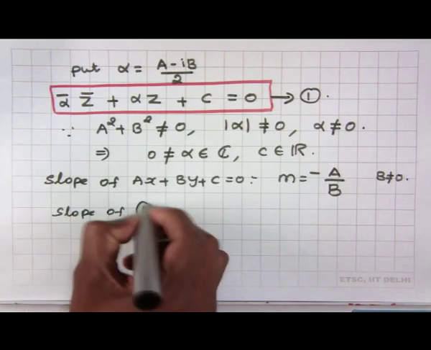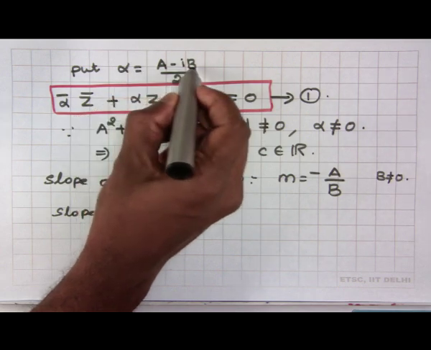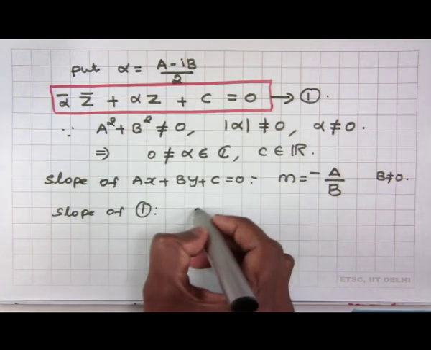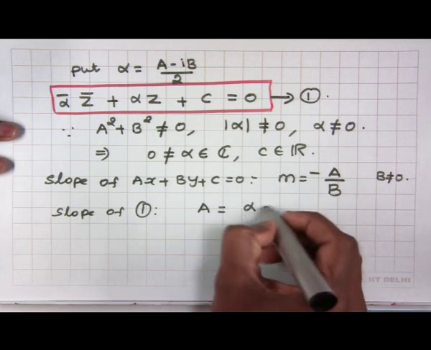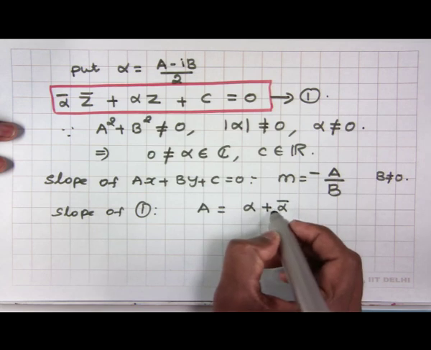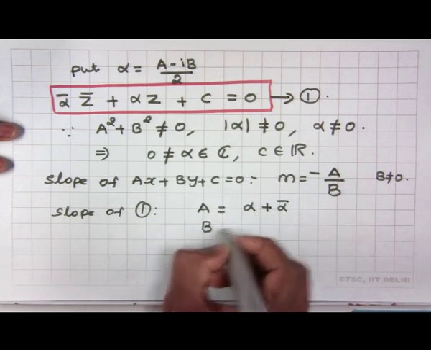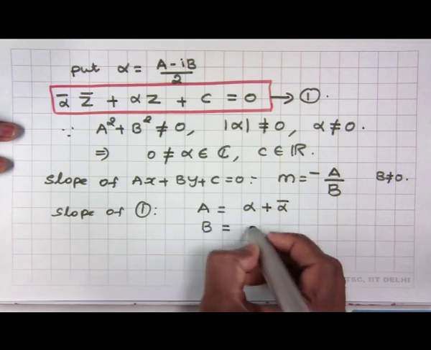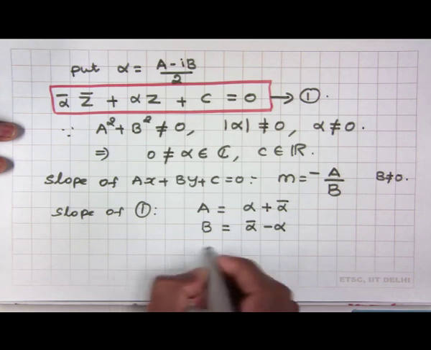Since alpha is as defined, a can be derived as alpha plus alpha bar and b is given by alpha bar minus alpha.